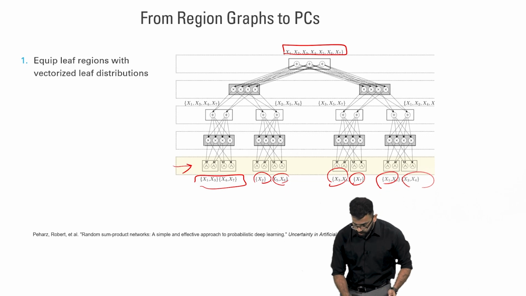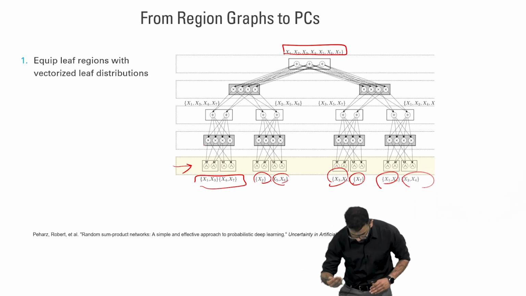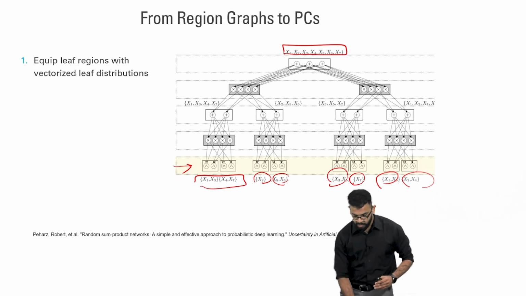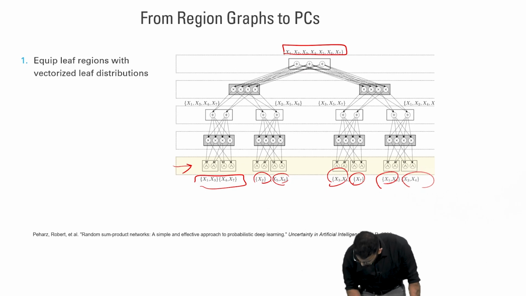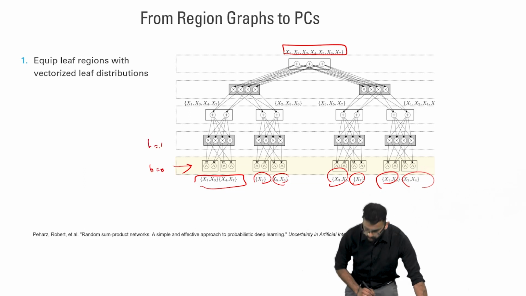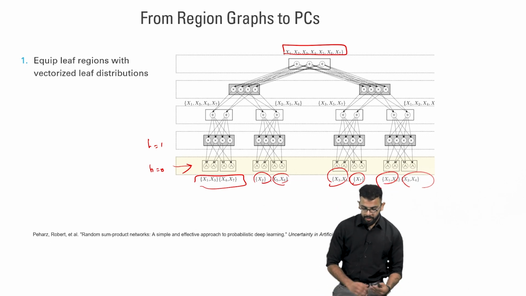Now if I go one step up, where I'm looking at a partition node, let's call this h equals 0, h equals 1, right? So at height equals 1, I have partition nodes.